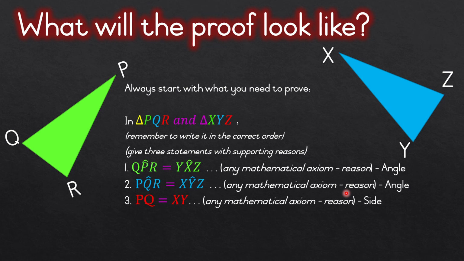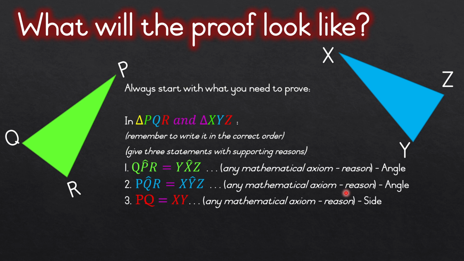Remember, this is just a setup. It is not an actual example of how to do it. It is just the format of how you're going to do it. So in this example, I'm telling you that I'm proving a side. Again, that is going to be something that is given to you, something that you can work out or calculate. You can maybe use Pythagoras for this.